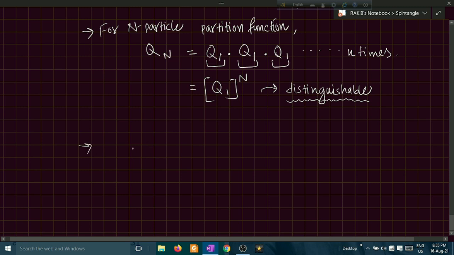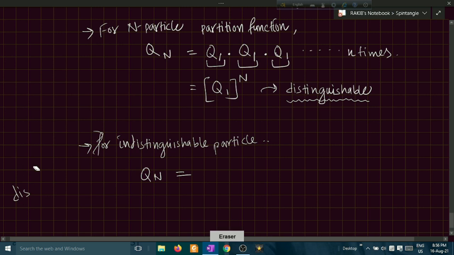Okay, for indistinguishable particles, in case of going from distinguishable to indistinguishable, we did this thing I think in the Gibbs paradox topic, that what we have to introduce is an n factorial term in the denominator.